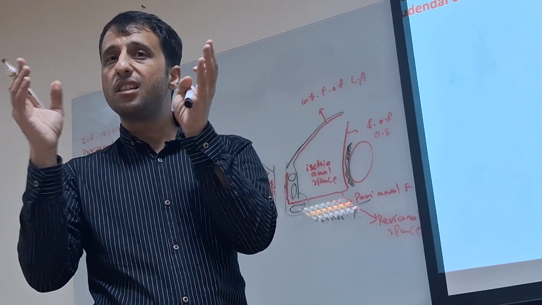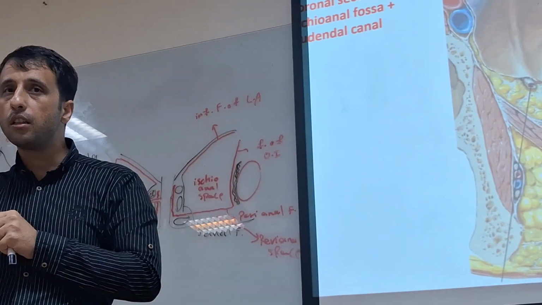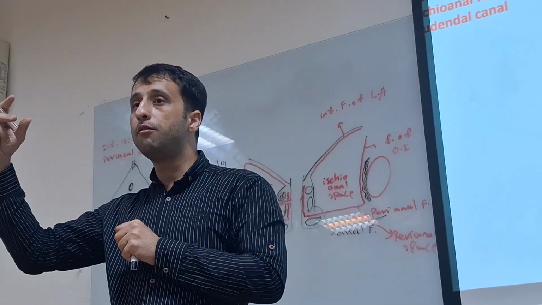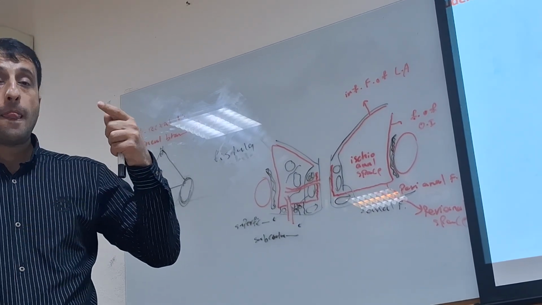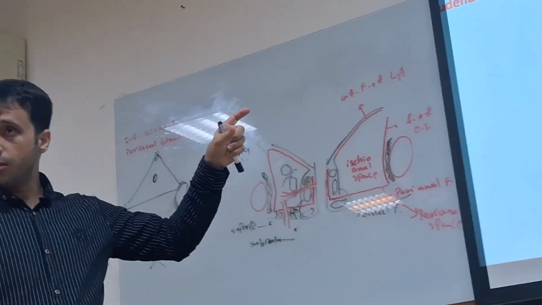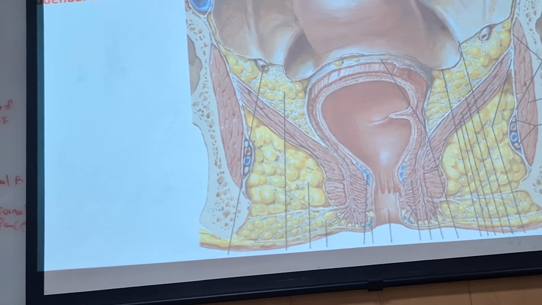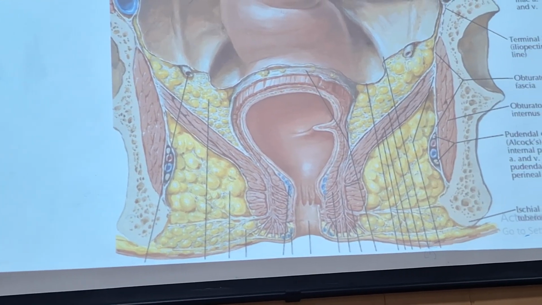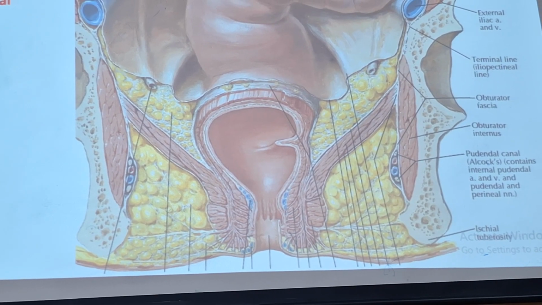I said that most of the perineum is innervated by the pudendal nerve and supplied by which artery? The internal pudendal artery. This neurovascular bundle is the internal pudendal artery, internal pudendal vein, and pudendal nerve.